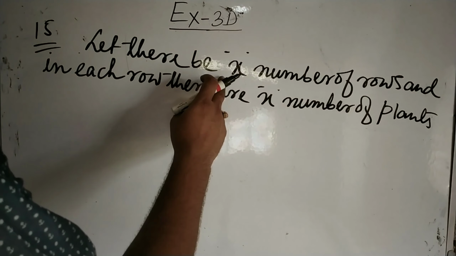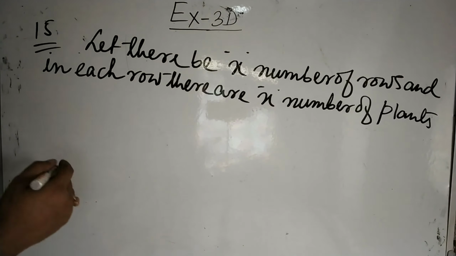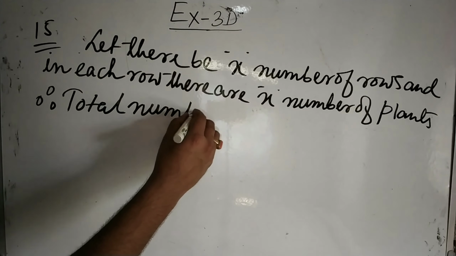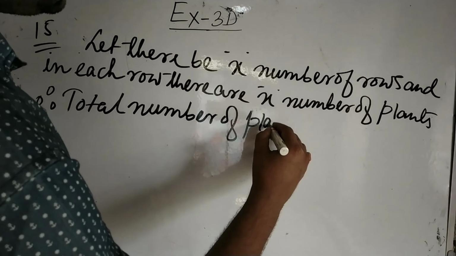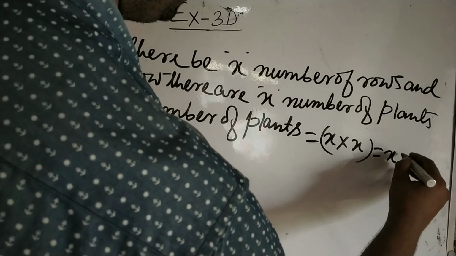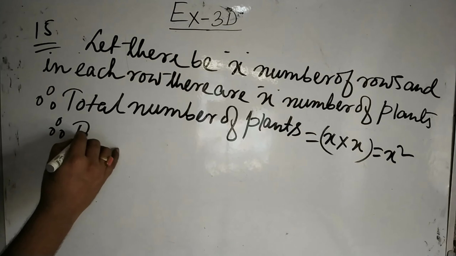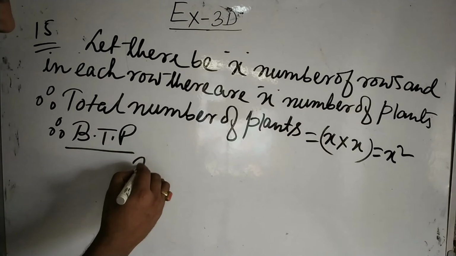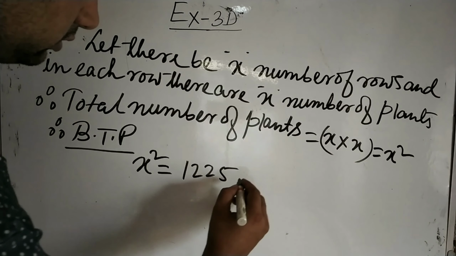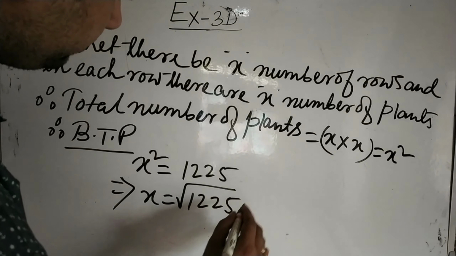In each row the number of plants is equal to the number of rows. Therefore, the total number of plants must be x into x, that is x square. This is equal to 1225, given. Therefore, by the problem, x square equals 1225. That implies x equals square root of 1225.